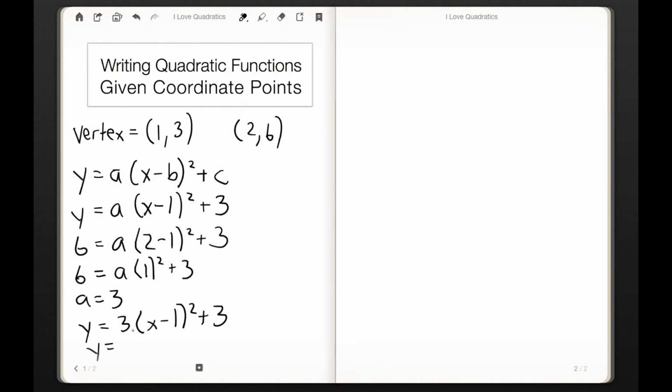So let's see if we can do this all in one step. This is going to be x squared minus 2x plus 1, so multiplied by 3 will be 3x squared minus 6x plus 3, plus another 3 will be plus 6. And there we go.